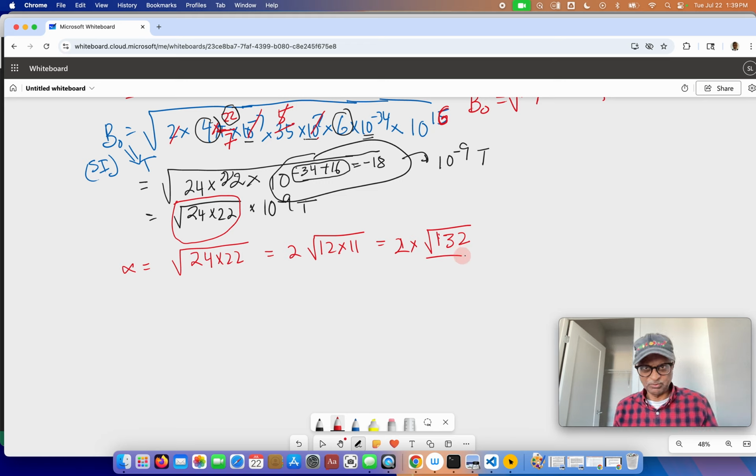So what will that be? I have to take a calculator to do it quick. Okay, so my calculator is going to say square root of 132 equals 11.5 actually.